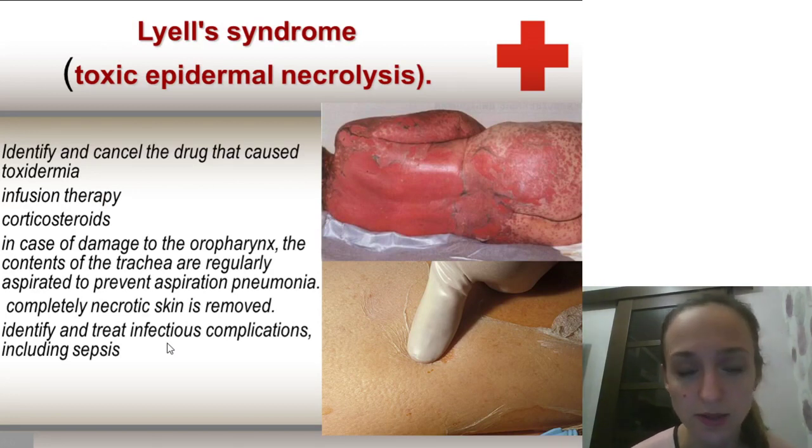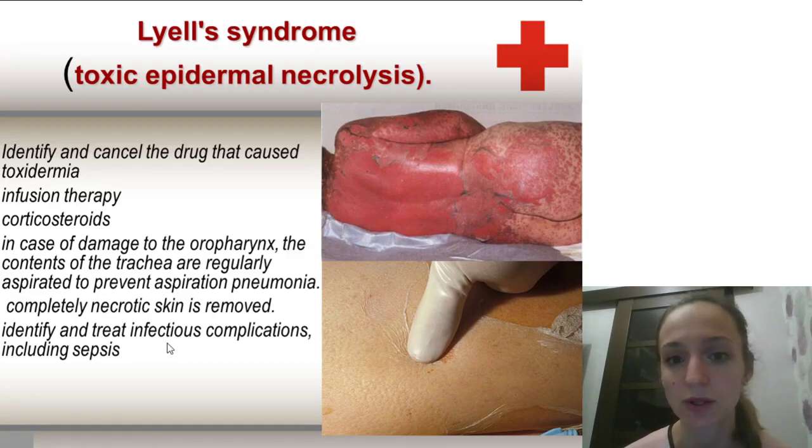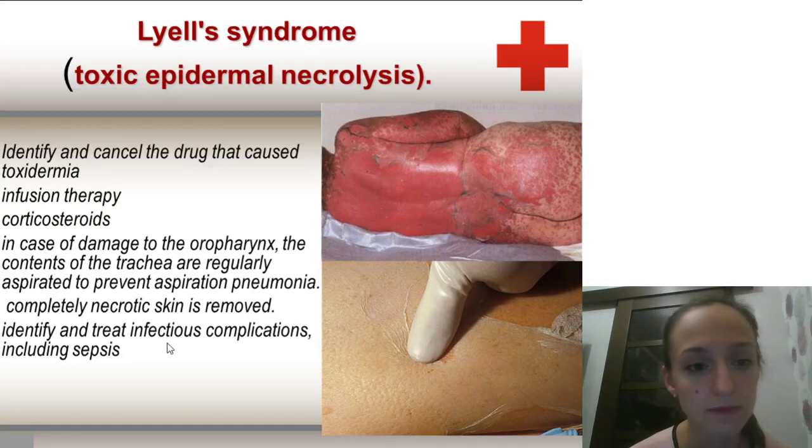Syndrome of Lyell. It is toxic epidermal necrolysis. So, identify and cancel the drug that causes toxidermia. Infusion therapy, corticosteroids.